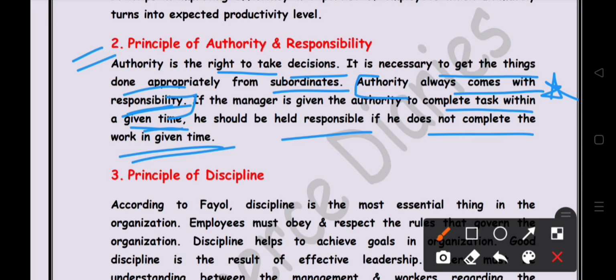Okay, so as I told, if a person is responsible for doing a certain kind of work, then he has that kind of authority to get that work done from his subordinates. And for getting that work done from the subordinate, the manager or the particular personnel is responsible.